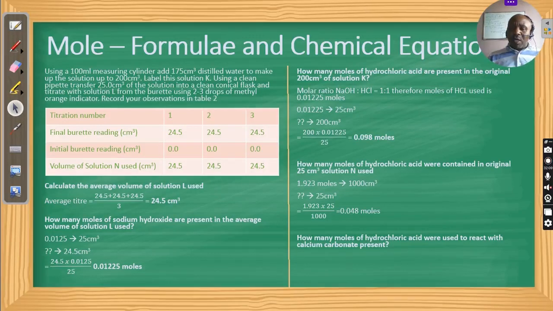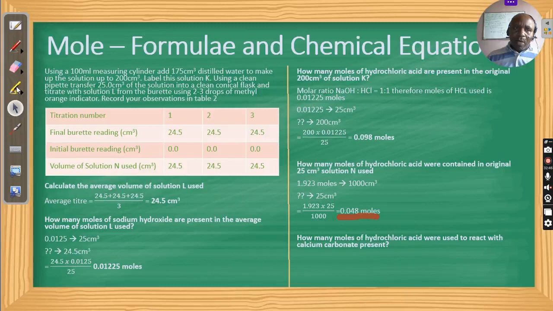Then how many moles of hydrochloric acid were used to react with the calcium carbonate? We have found that the number of moles in the original 25 cm³, where we had put all the 4 grams of M into the hydrochloric acid, was 0.048 moles.